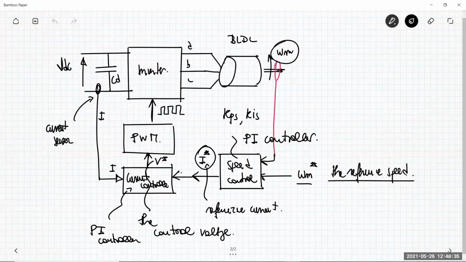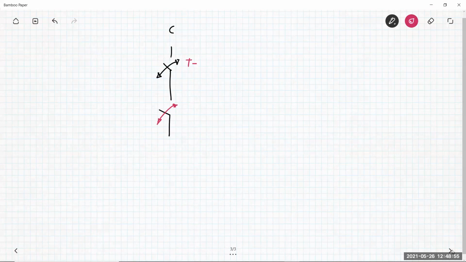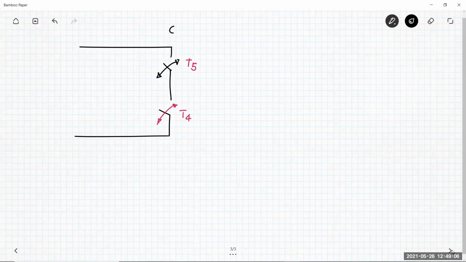Let me consider this topic here on the whiteboard. You have the following situation. I have this transistor here, T5, which is switched on and off. This other transistor here, in leg C, has a complementary action. So when T5 is closed, T4 is open, etc. Leg B is always open.